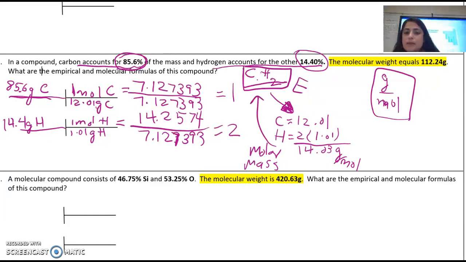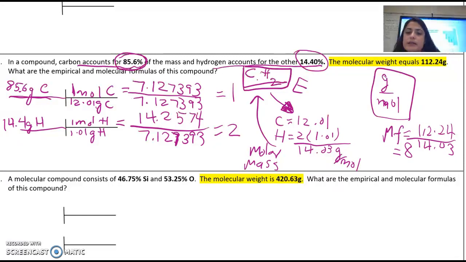So now you take this molar mass and you take basically the molecular weight. So now your molecular formula is going to be 112.24 divided by 14.03, and you will get 8.